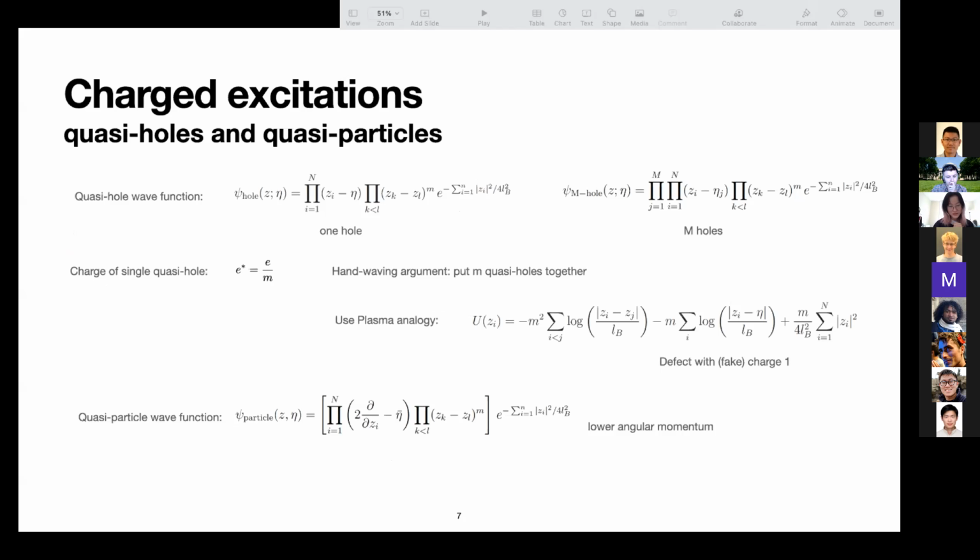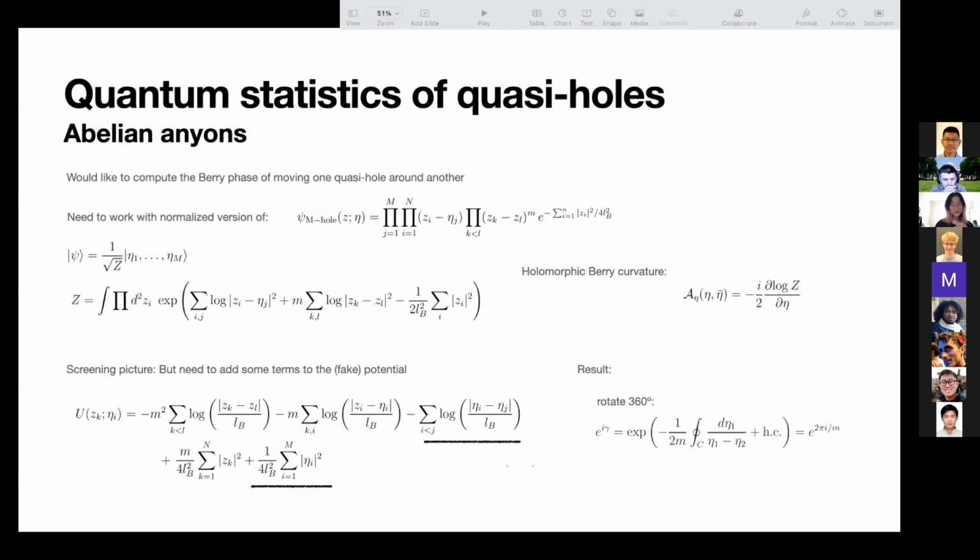I told you that the charge of a single quasi-hole is 1/m, but how about the quantum statistics of these guys? That means if I exchange two quasi-holes, what will I get?